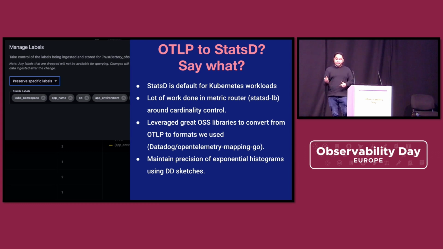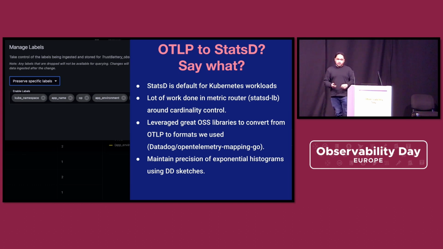And so we leveraged some open source libraries, like the OpenTelemetry mapping Go from Datadog, which maps OpenTelemetry format data to some custom memory formats and structures. And the most important here being the mapping between exponential histograms in OTLP to DD sketches.